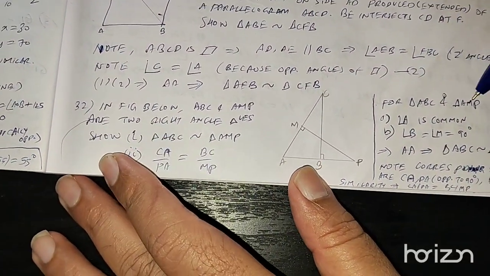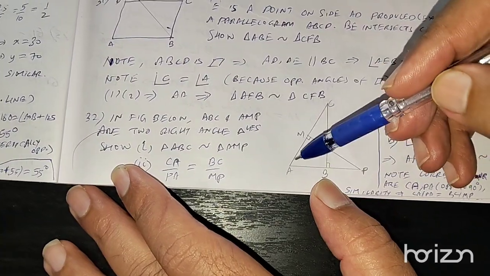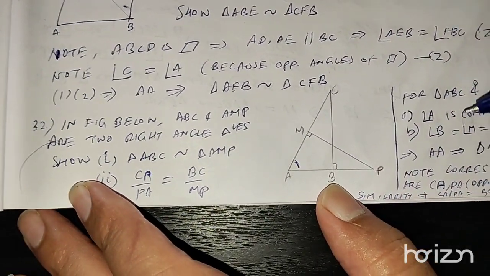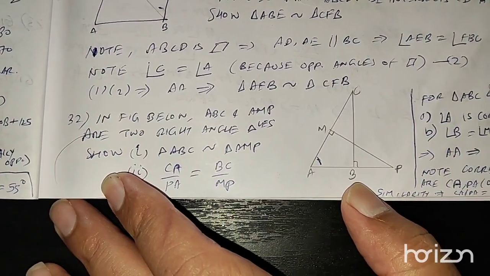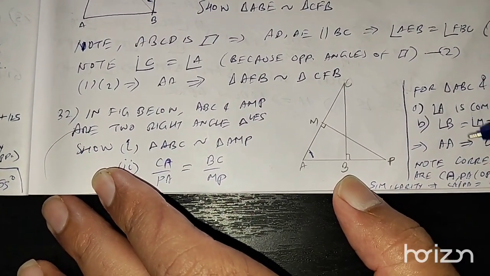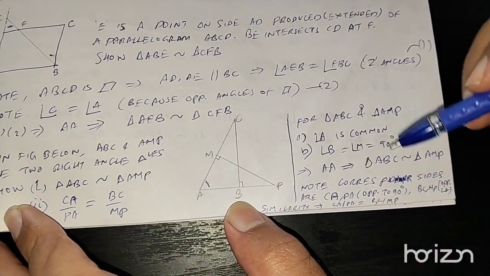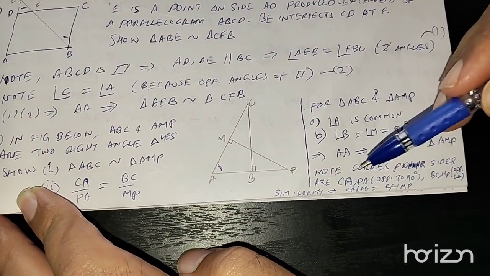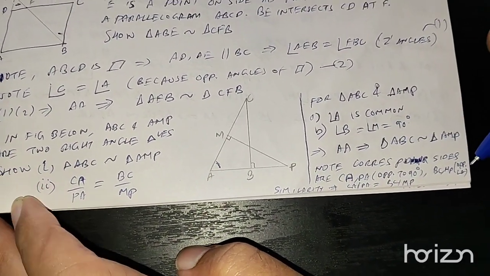So for triangle ABC and AMP, angle A is common. See my pen, I am drawing it. Angle A is common, and angle B and angle M are 90 degrees. So by AA theorem, ABC and AMP are similar, and the corresponding sides are also proportional.